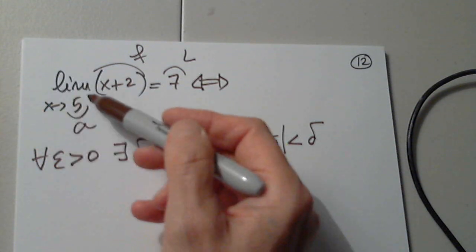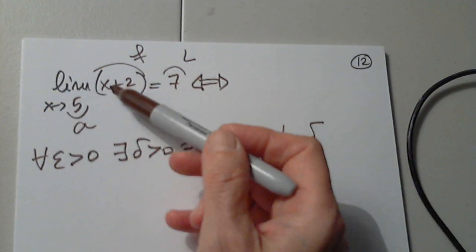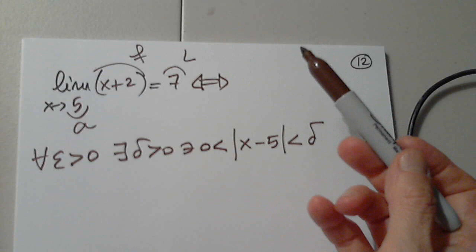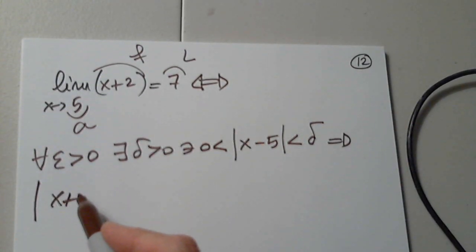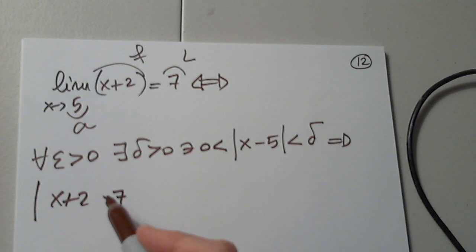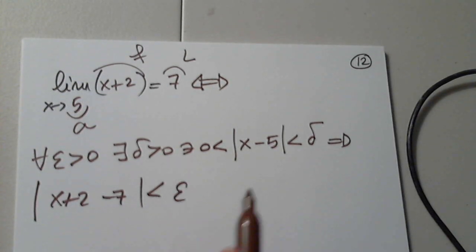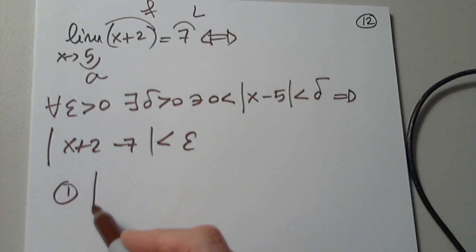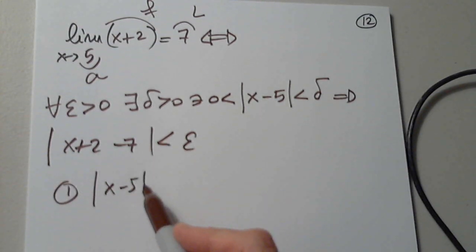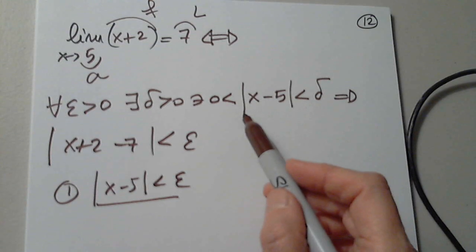So x and a go with delta, and the function goes with the limit and epsilon. So this will imply that the absolute value of x plus 2 minus the limit is less than epsilon. And this is already done because the function you chose already has this.